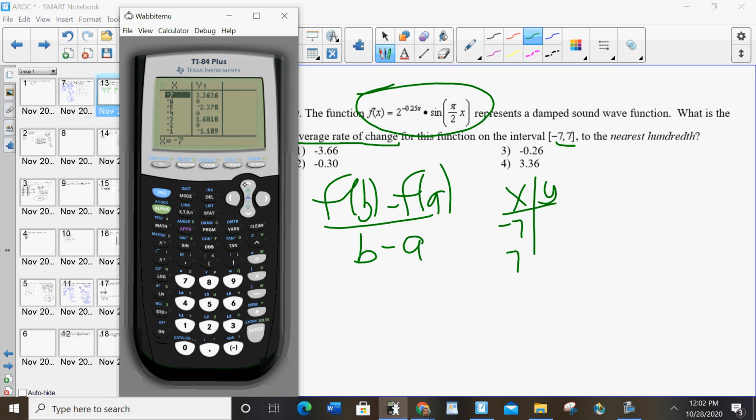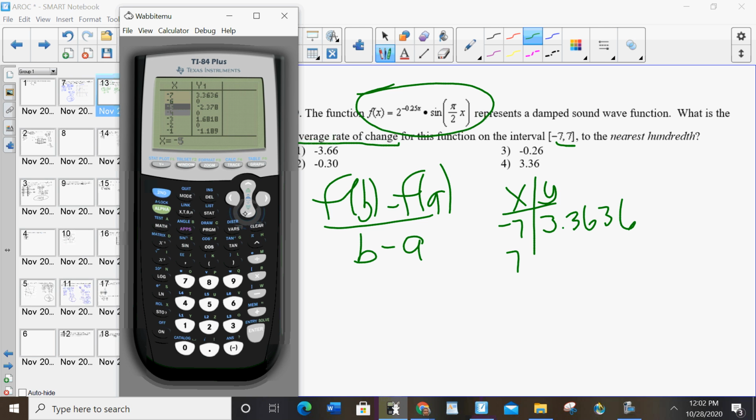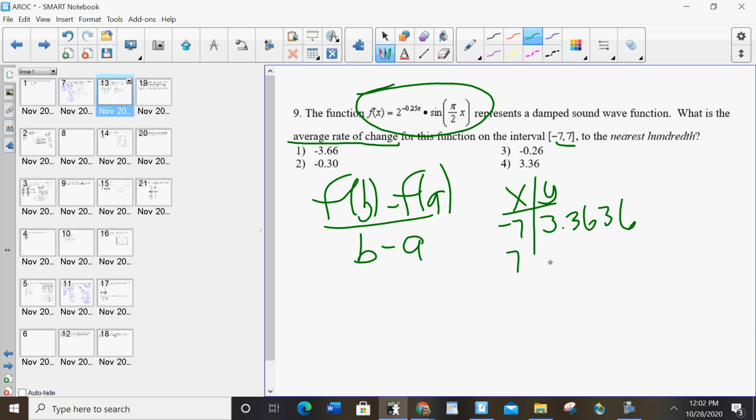I copy down -7, which is 3.3636. I copy down 7, which is -0.2973. And then from there, I just substitute my values in.